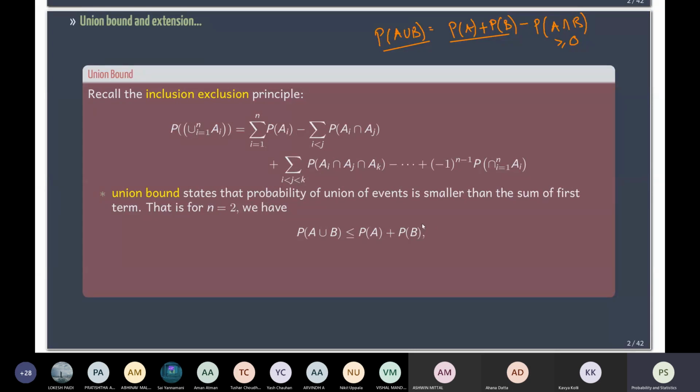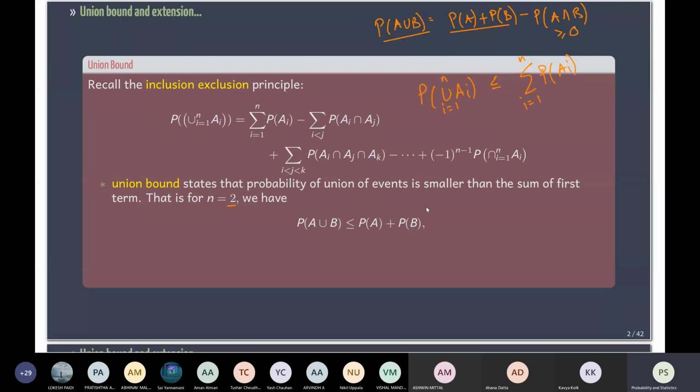But the idea is that this proof should generalize to the general case. If I take a general n, then what I claim is that the probability of the union of A_i, i from 1 to n, is less than or equal to the sum over i equal 1 to n of the probabilities of the A_i's.